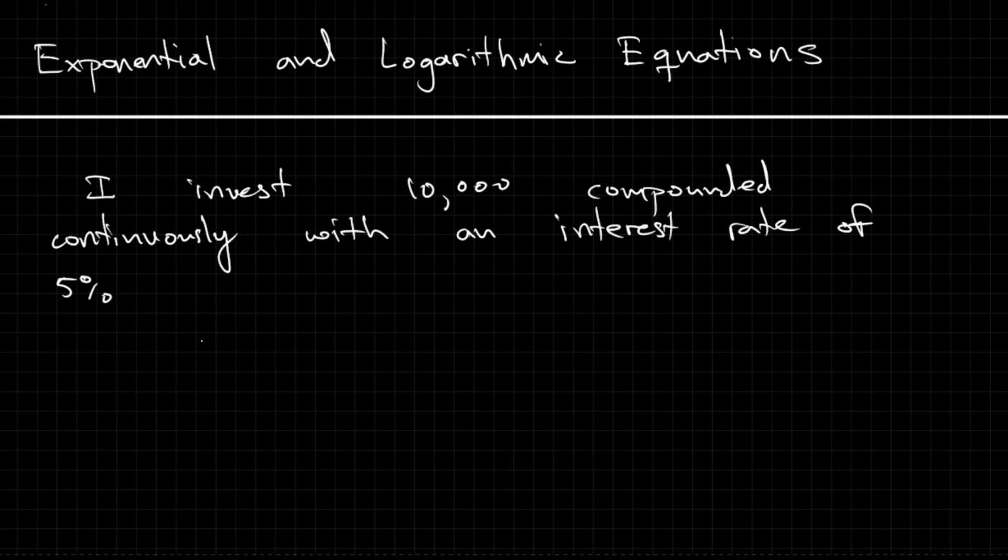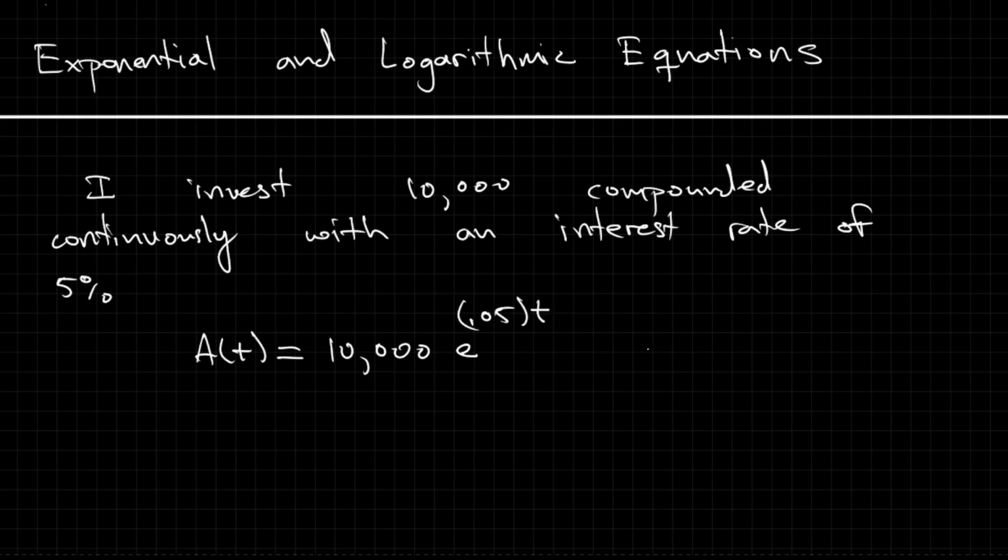So we know that the amount of money that we'll have, A of t, depends on the amount of time that we keep our investment, t. This is going to be 10,000 e to the 0.05 t.